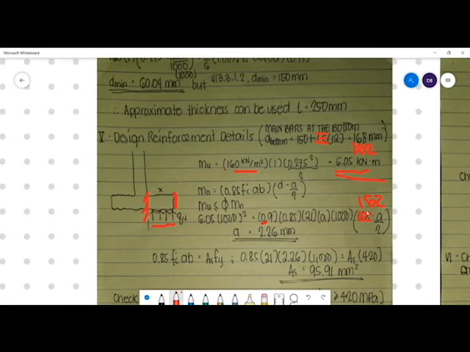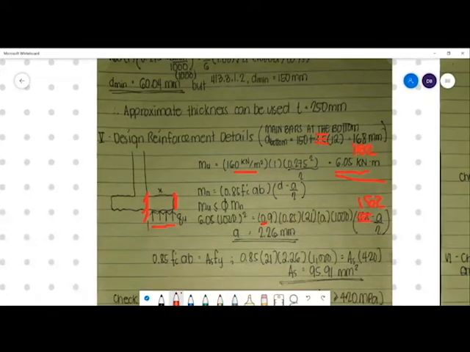So we resolve this one. 6.05 multiplied by 1,000 squared is equal to 0.9 times 0.85 times 21 times a times 1,000 times 162 minus a over 2. This is multiplied by 1,000 because it is in kilonewton per meter, so I'm just going to convert it into newton millimeter.